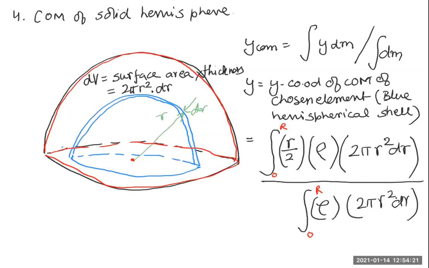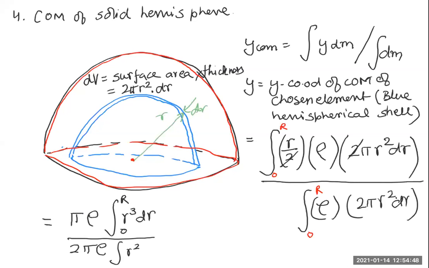And now physics is over. So the maths: the 2 will cancel, pi rho will come out. Pi rho integral of r cube dr from 0 to R, divided by 2 pi rho integral of r square dr from 0 to R. Pi rho will cancel out.